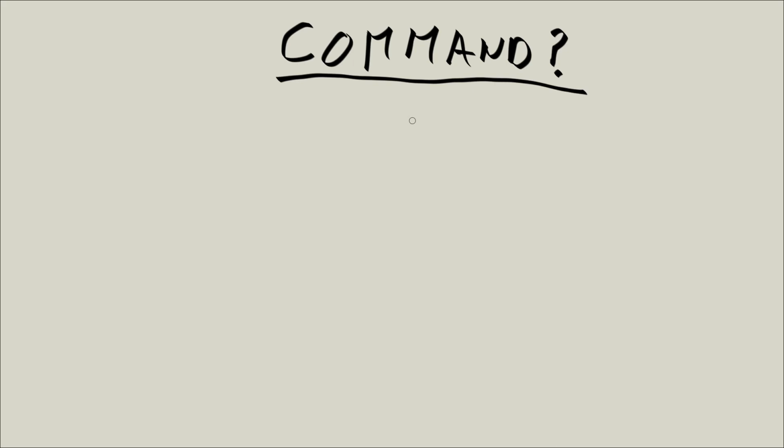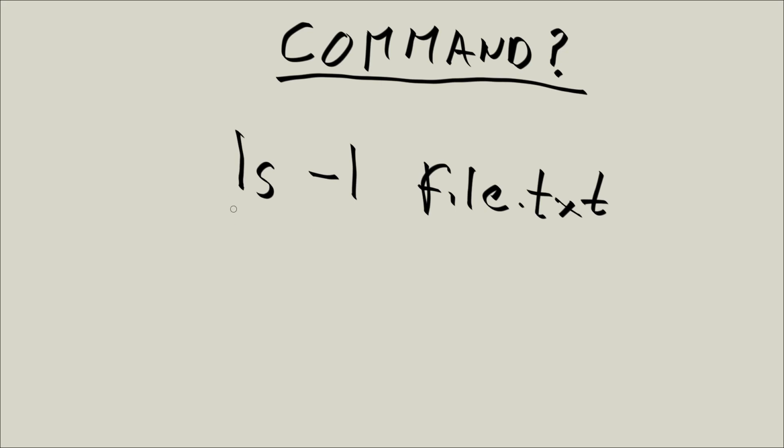Commands are, in essence, running a program with options and arguments. And let's say that I am using the command ls. The option I want to use is L, and the argument to the command is file.txt. So let's go over this again.